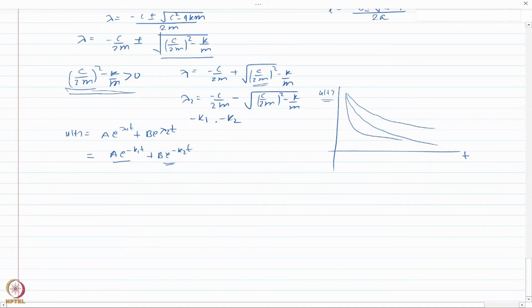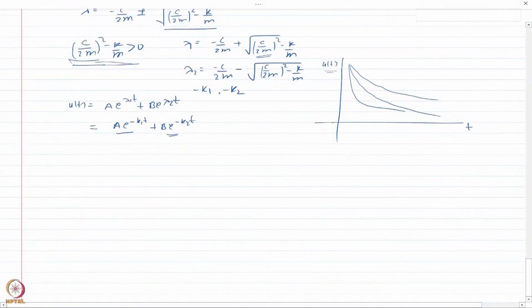If you plot u of t versus t, you see that it is just a monotonically decreasing function that goes to 0 at very large values of t. There is no oscillation about the equilibrium position, which in this case was u equal to 0. If it had oscillation, it would be something like this. So for this condition I do not see any oscillation. Let us check the other condition.